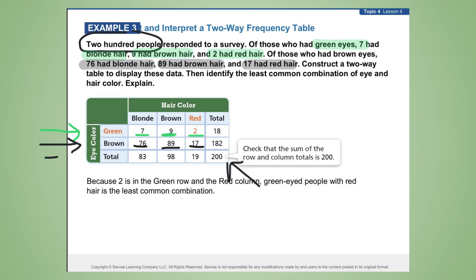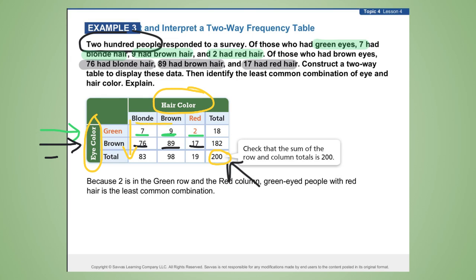We had hair color versus eye color. And of course, our total went right there. Now, all they did was add down this way to get their total of all the blondes, all the browns, all the redheads.